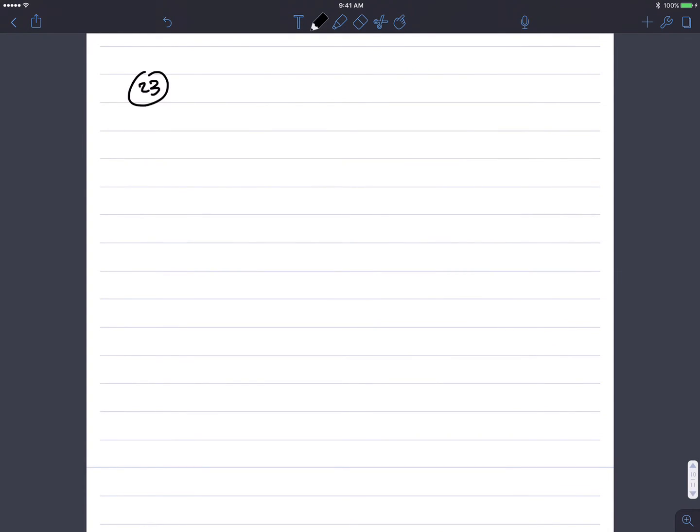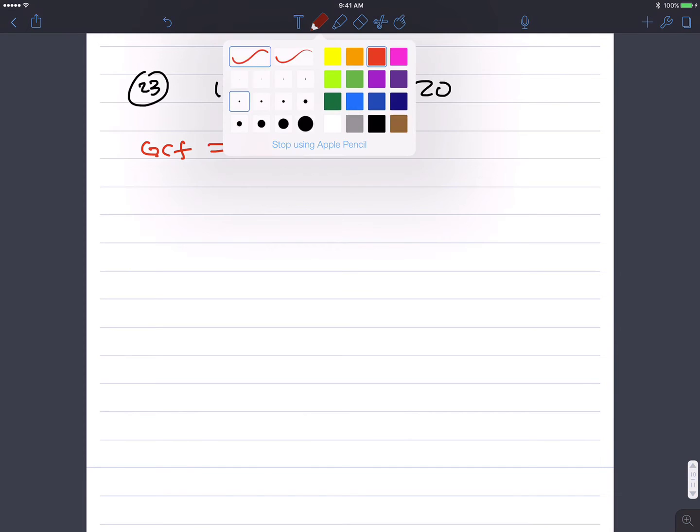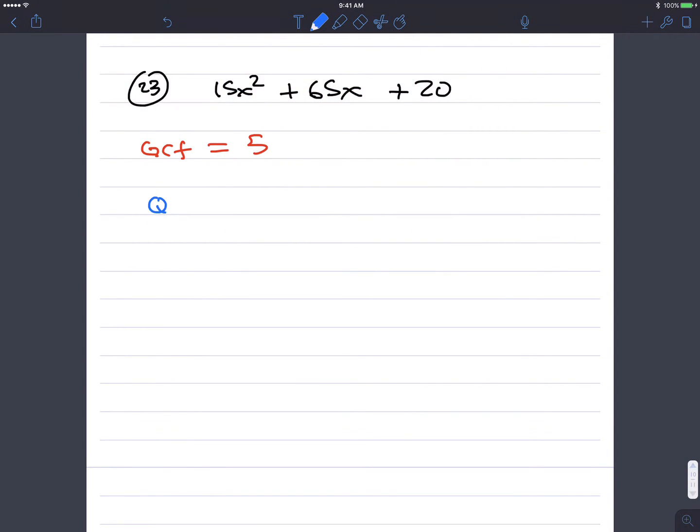All right, 23. 15x squared plus 65x plus our 20. So what's the greatest common factor? What's my GCF here? Is that 5? My quotient, 15x squared plus 65x plus 20.